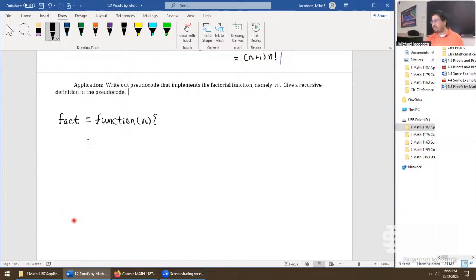Let's say if n, this is the n that's going to be passed to the function. So when we go to actually use it, we'll say factorial, parenthesis, give a value of n. But when it comes to factorial functions, you want to say what happens right at 0. That's like the very first value.